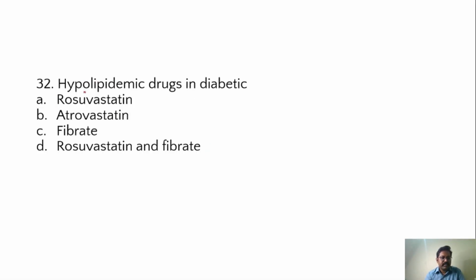So coming to the next question, which hypolipidemic drugs are preferred in diabetics? As you can see, the use of statins will increase the risk of diabetes.